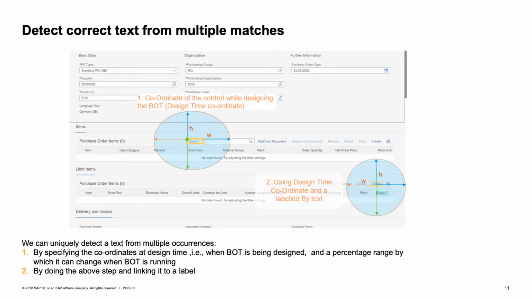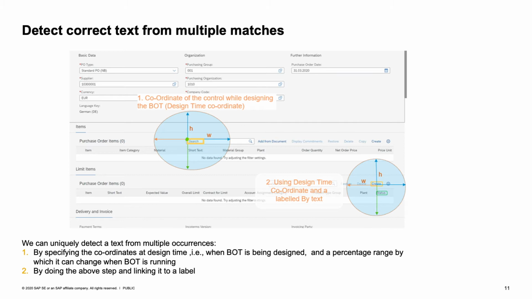Moving on, of course, just like repetitive templates can be there in a UI, you can also have duplicate text. And how do you go about detecting the correct text from a bunch of duplicates? This is an example you can see here. The first part is when you're designing the bot at design time, you are going to be selecting a particular field. Here you can see there is a particular field which is highlighted with the orange box, right? So you select this field. This is what you're going to be looking for in runtime as well.